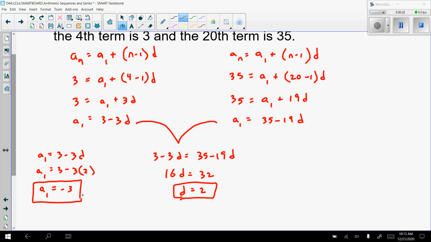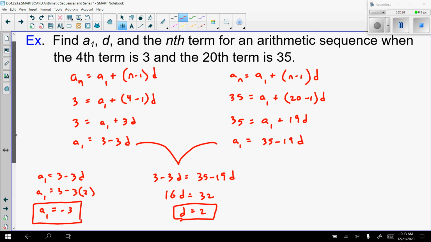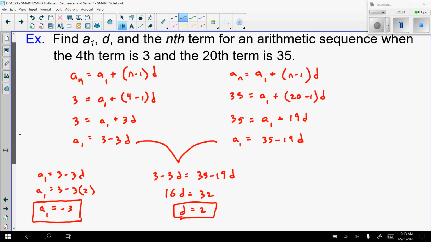And lastly, I need the value of a sub n, because that will be what I'm looking for. And that will be the nth term. So now I need a sub n equals, remember that is negative 3 because that's the first term. And even if it helps, we can write down the formula again so we know what we are writing.